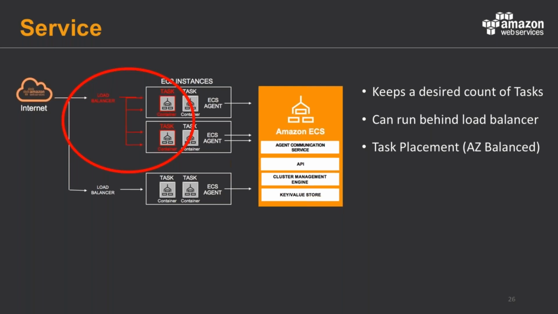We've got task placement, and that's where we talk about where we're going to put each of these containers to run. And for an example where we've got the AZ balance spread, we're going to run our tasks across multiple availability zones. So what it would do in that situation is determine which container instances can support our task definition, make sure they've got enough CPU and memory, for example.